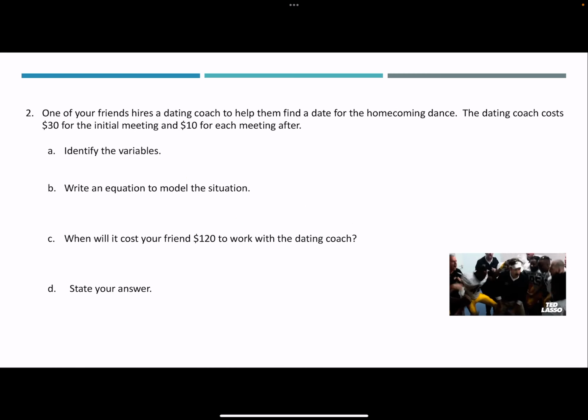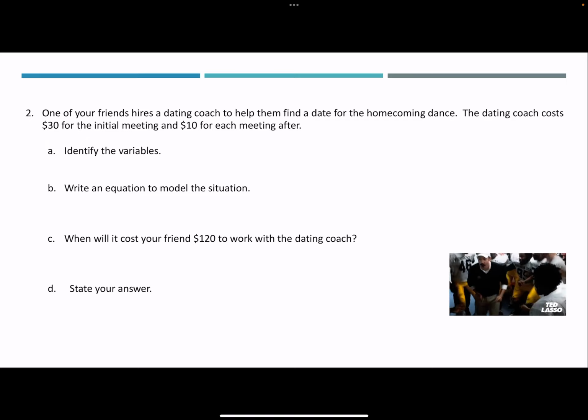One of your friends hires a dating coach to help them find a date for the homecoming dance. The dating coach costs $30 for the initial meeting and $10 for each meeting after. Okay, so identify the variables. What could change? Well, one person might only need a little bit of help, but one person might need a ton of help, right?